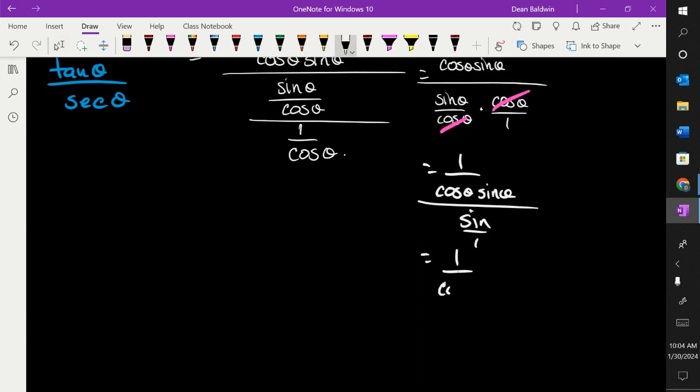In terms of cosines and sines, or we'll write it both ways, cotangents and cosines.